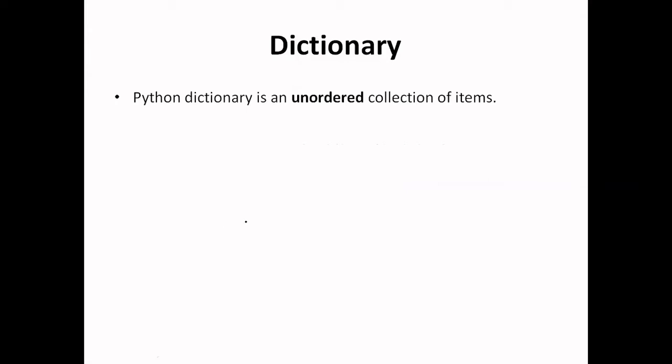Unordered means we cannot apply indexes over the elements of the dictionary, and that means we also cannot use the slicing operator to access the elements of the dictionary.